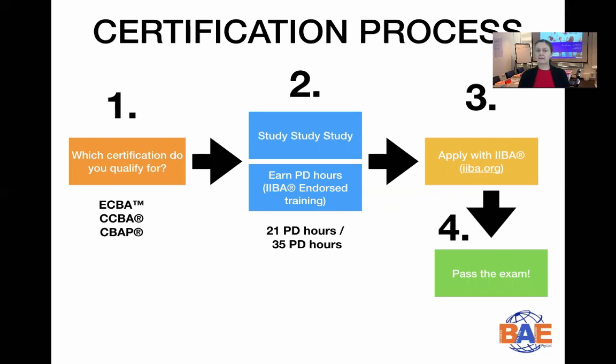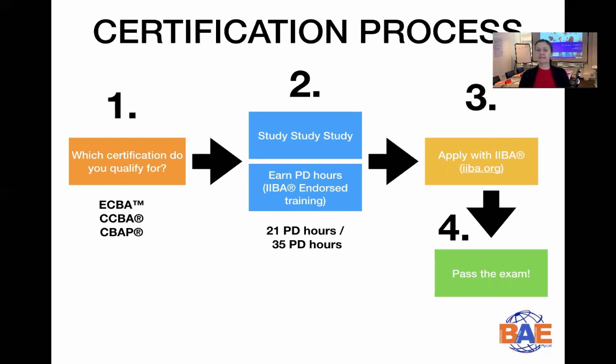So you do study groups like this, or you do your own study. You can do all kinds of things to get yourself ready for that exam, and we'll cover a lot of those tools during this study group. You also need to earn your PD hours. The easiest way is to go through an IIBA endorsed trainer to earn your 21 PD hours or your 35 PD hours.